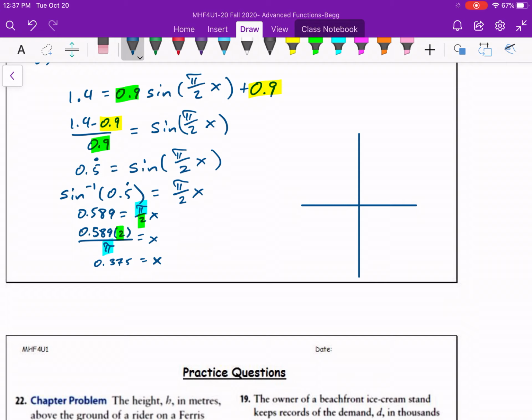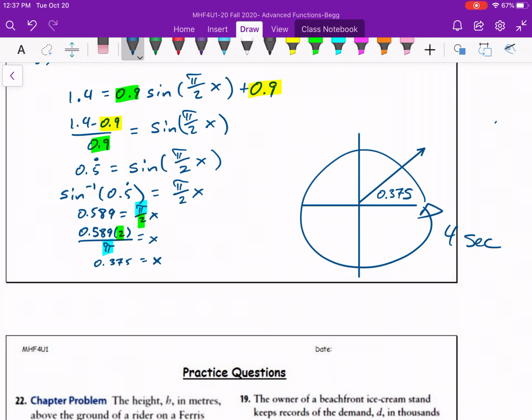So beta is going to be 0.375. Now this is not in radians. I'm picturing this as 1 full cycle takes 4 seconds, right? So I'm thinking of this in terms of the actual time now. 4 seconds is a cycle, which means that half a cycle is 2 seconds.